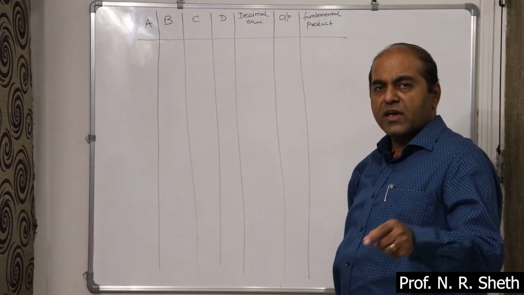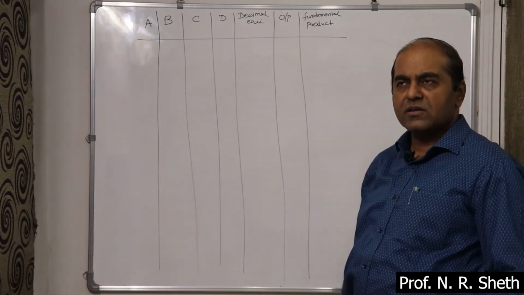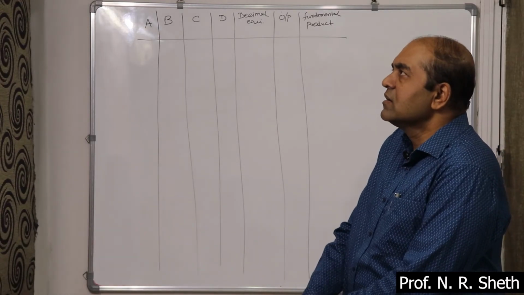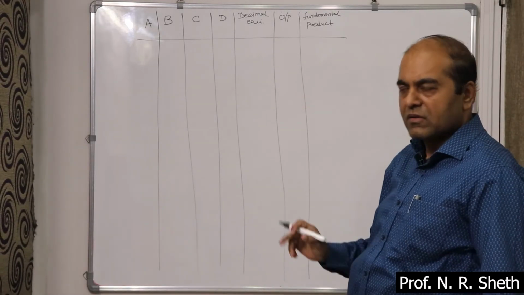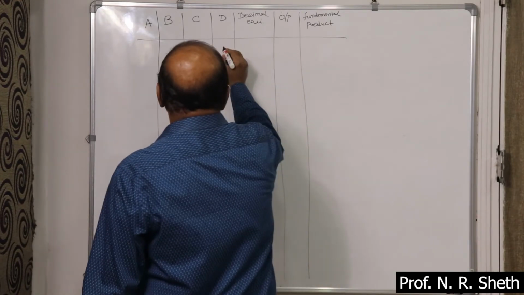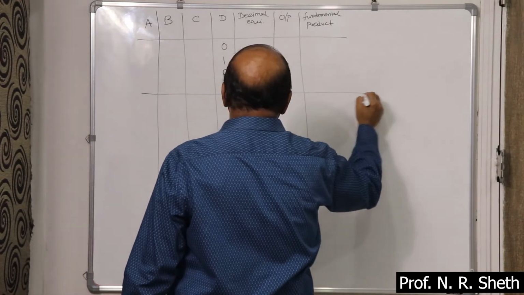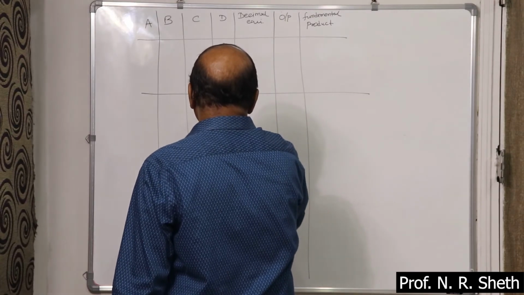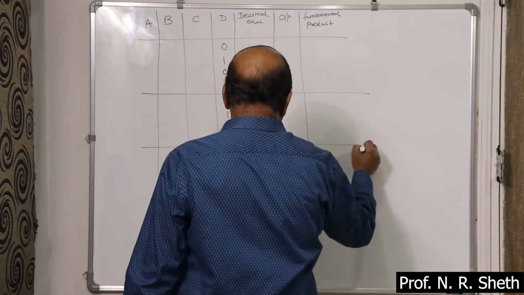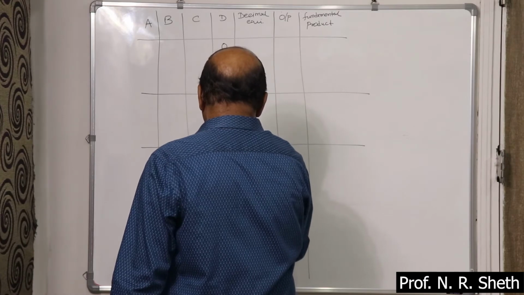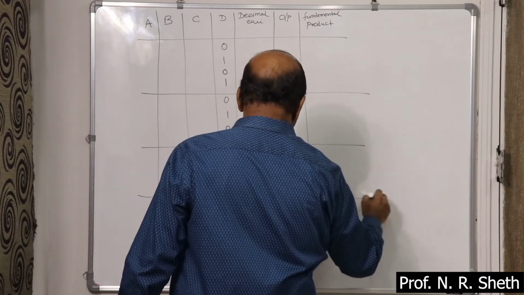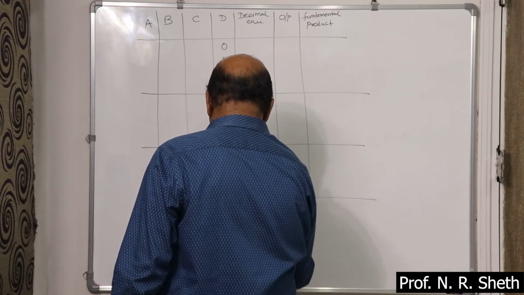In this particular case, actually the decimal equivalent is not required, so you can skip this part also. 0 1 0 1, 0 1 0 1, 0 1 0 1, 0 1 0 1.